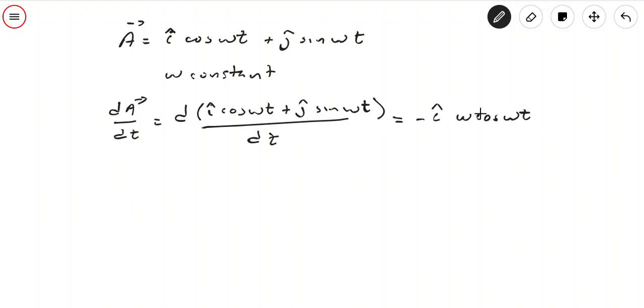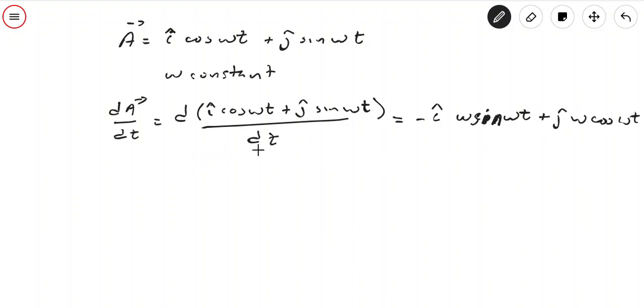And the derivative of sine Wt will be W times cosine Wt, so plus j W cosine of Wt.